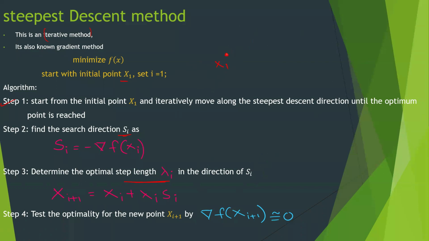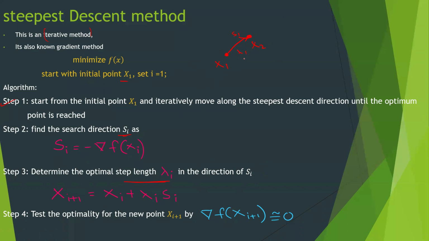We got a direction like this, let's say that is s1, by using the formula si is equal to minus gradient of f of xi. So we got this direction, and at this point, we got our new point x2. Now the distance between x1 and x2 is lambda 1.